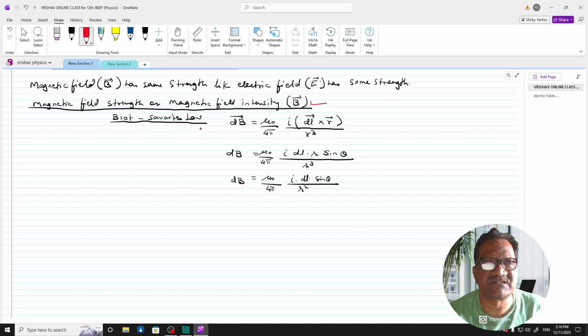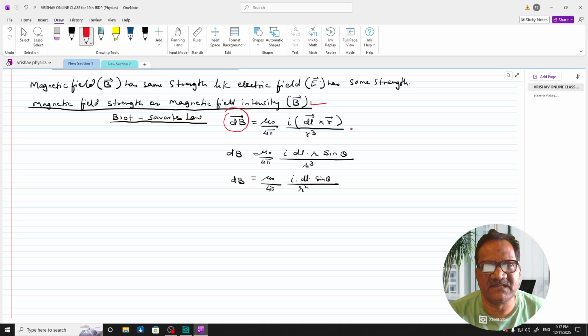Now Biot-Savart's law states that this particular quantity dB, and you can see this is a vector quantity because I have put an arrow mark on top of it, is equal to mu 0 upon 4 pi times I multiplied by vector dl cross vector r, divided by r cube.